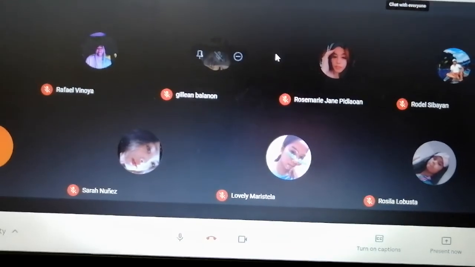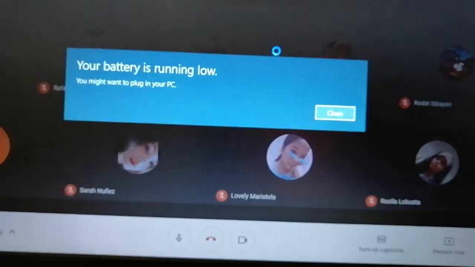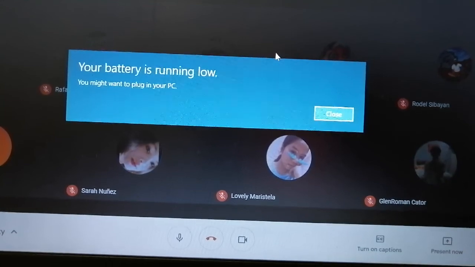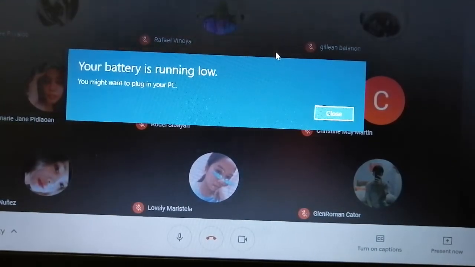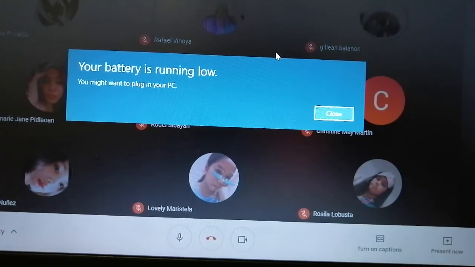Kasi chine-checkan ko yan. At ipapasa na namin sa Friday yung inyong grade, per sem. So, malalaman nyo na yung grade nyo ng first sem. Okay?